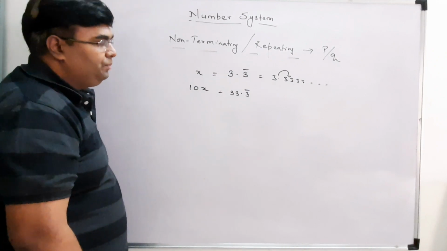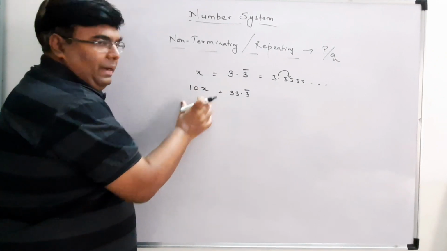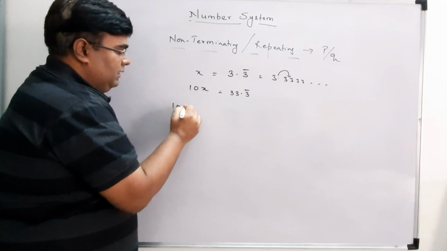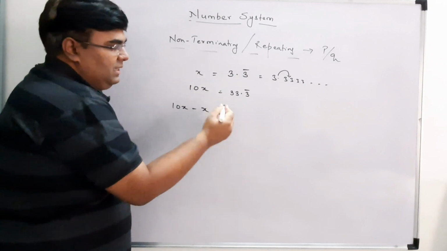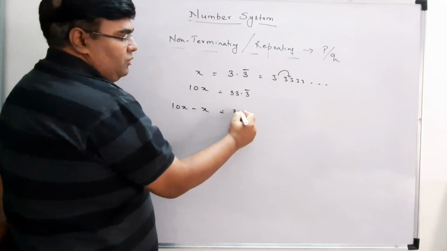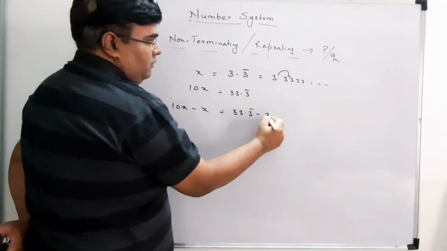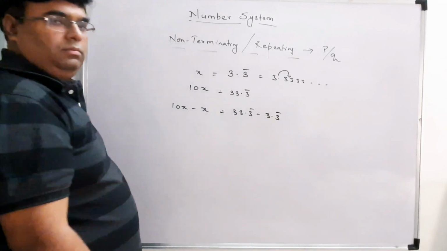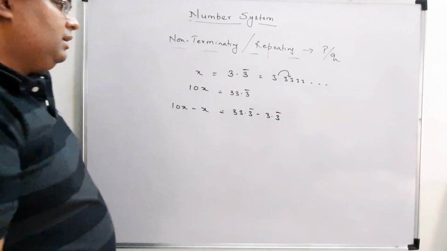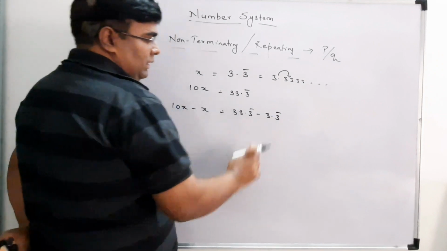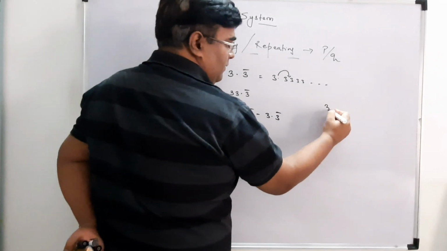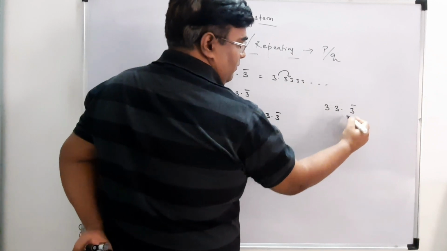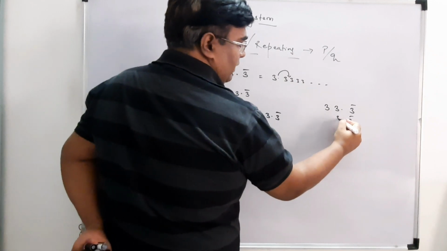Now what you can do is subtract 10x minus x, subtracting the left hand side and the right hand side also, correct? If you know how to subtract decimals, we put decimal under decimal, like this.